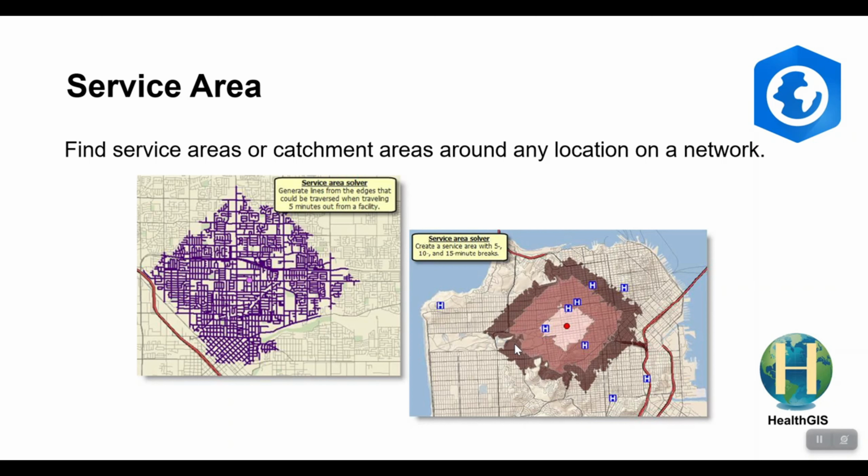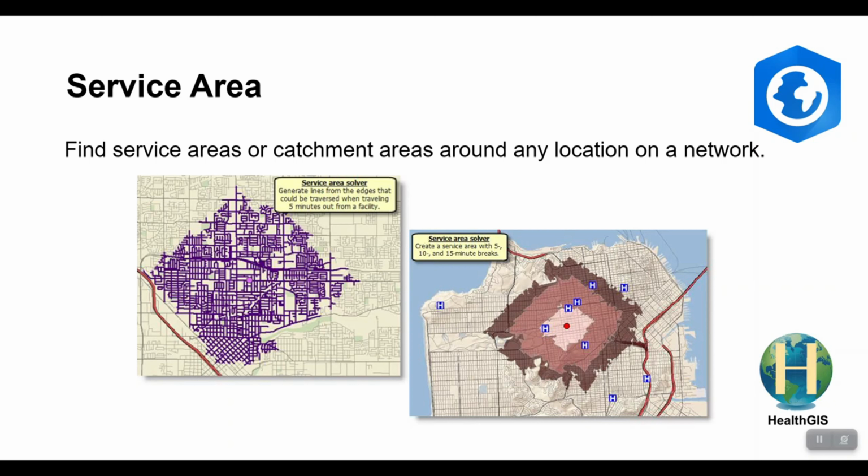So the results can be shown as a polygon here, as you can see. The results can also be shown as a road segment that includes all roads in a given time. So the cost or impedance here is based on minutes, right? Based on the travel time. But you could also have the cost or impedance based on the distance, right? For example, so here was 5-minute drive.